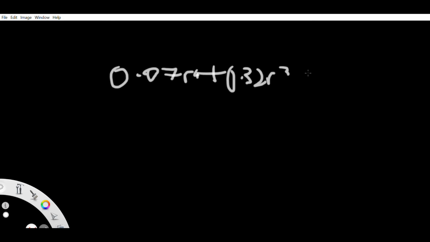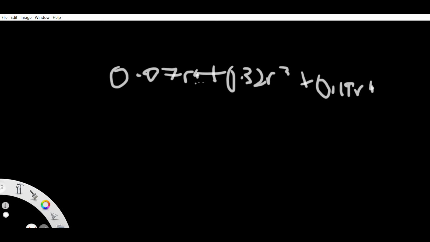Now let's do this one. So 0.07 r to the power of 4 plus 0.32 r to the power of 3 plus 0.19 r to the power of 4. So over here, we have r to the power of 4, r to the power of 3, and again r to the power of 4.